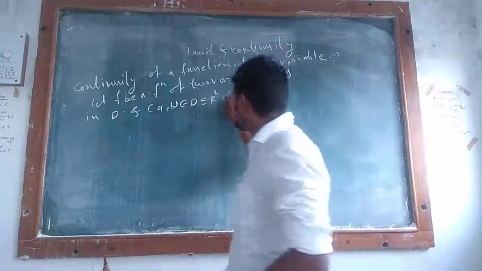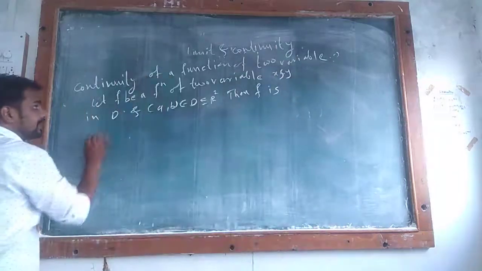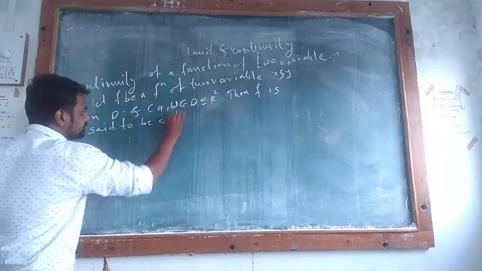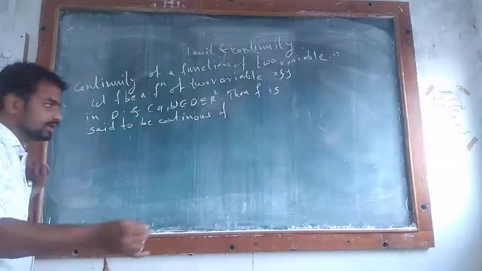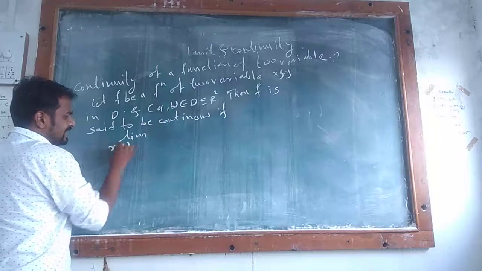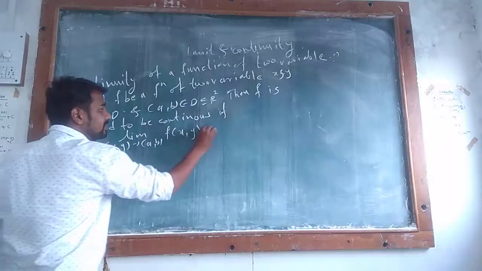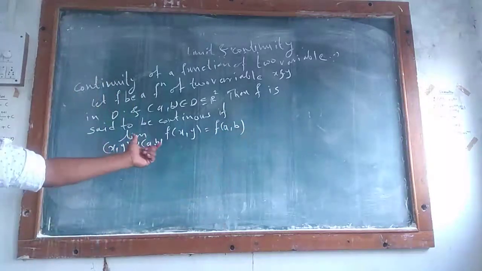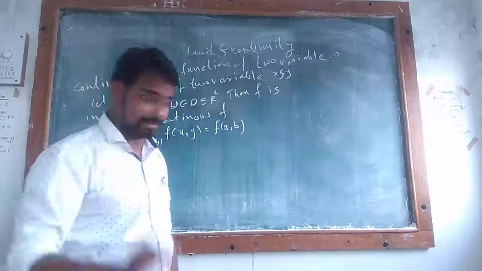Then this function f is said to be continuous at (a, b) if the limit as (x, y) tends to (a, b) of f of (x, y) is equal to f of (a, b). If this condition is satisfied, then this function f is said to be continuous at point (a, b).